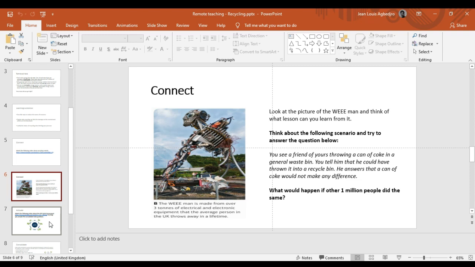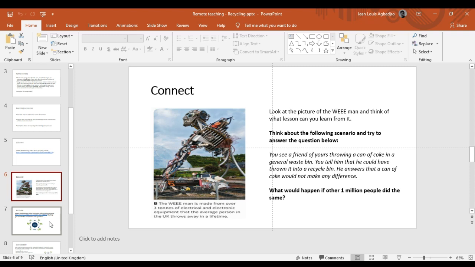So basically, this man, maybe you can't really see in the picture, but it's huge, it's very big, and this is the size of pretty much the amount of metals that a single person in the UK wastes in a lifetime.